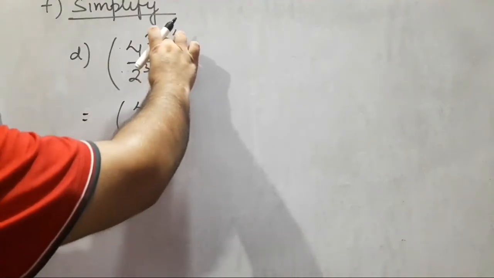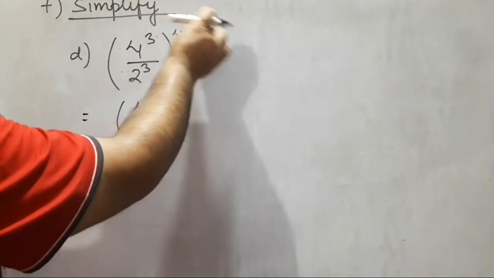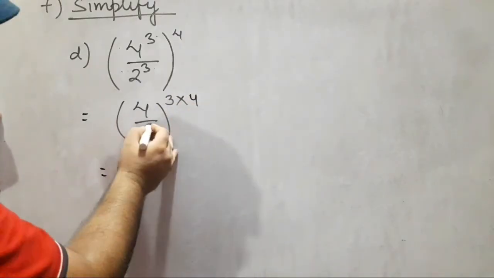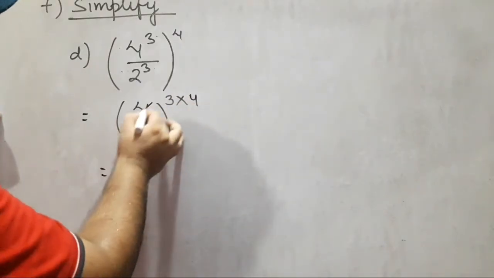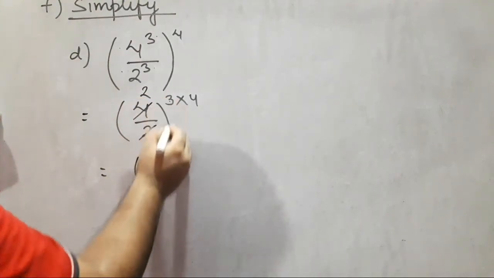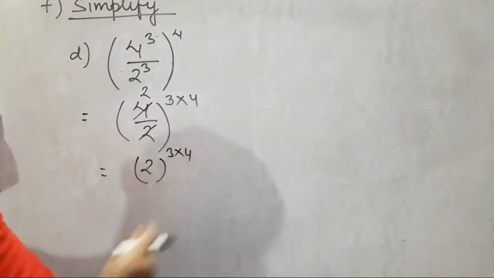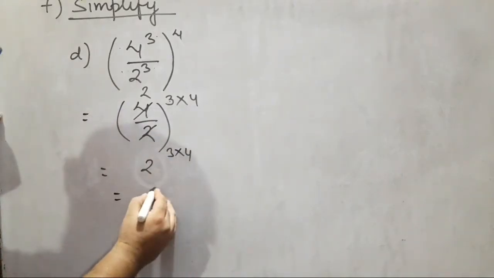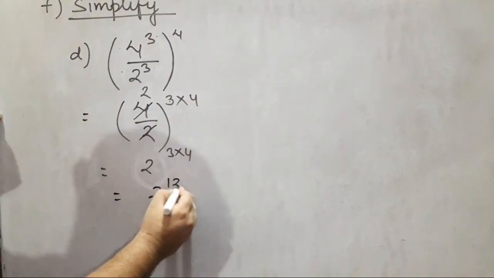That means this becomes common and goes outside and multiplies with 4. Now I can cancel this 4 and 2. 2 to the 4. So 2 power 3 into 4. If you don't like the bracket, no need to keep it. 2 power 3 times 4 is 2 power 12. Answer.